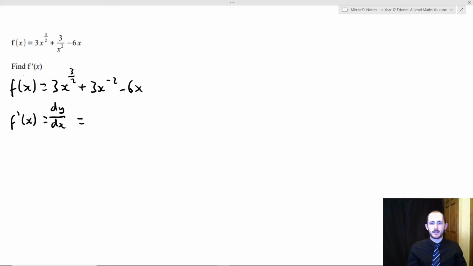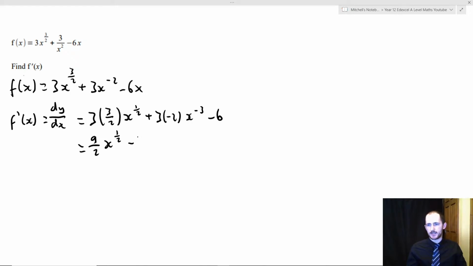So in this case, bringing the powers to the front, so we have 3 over 2 x to the half plus 3 times minus 2 x to the minus 3 minus 6. So simplifying that now, that's going to be 9 over 2 x to the power of a half minus 6 x to the minus 3 and then just minus 6.